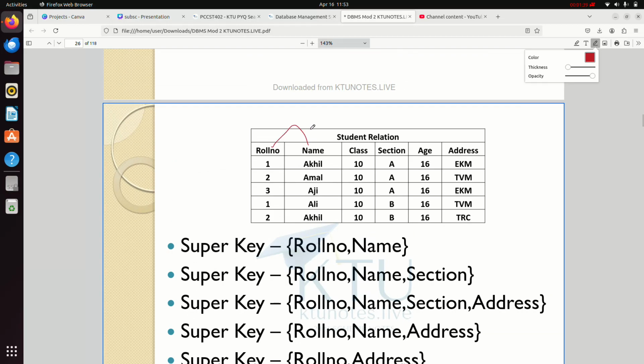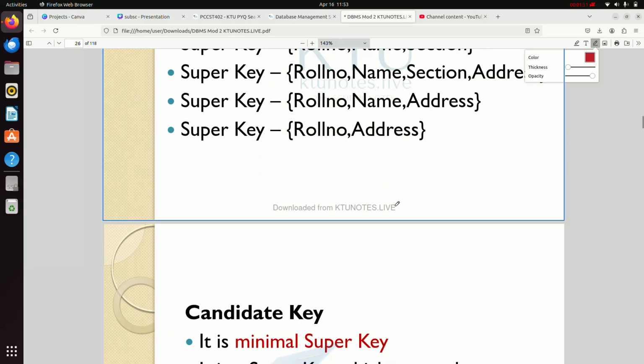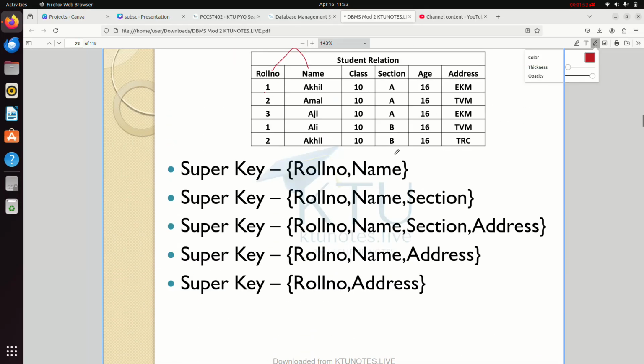Yes: roll number, name, section; roll number, name, address; roll number, name, section, address; roll number, address. All of these can be used here. These are the different super keys which are possible.